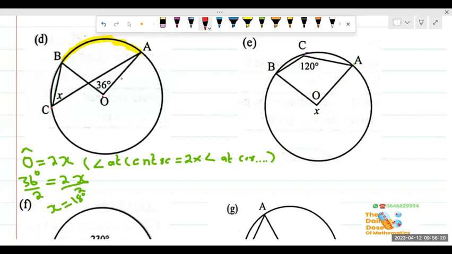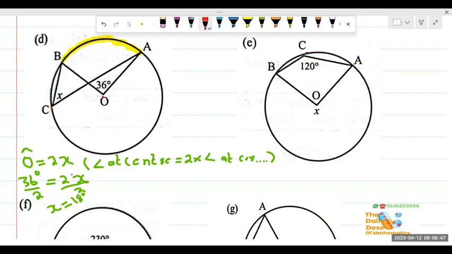So angle O equals 2x. The reason: angle at center is equal to 2 times angle at circumference. Angle O is 36 degrees, as given, and it's equal to 2 times x.